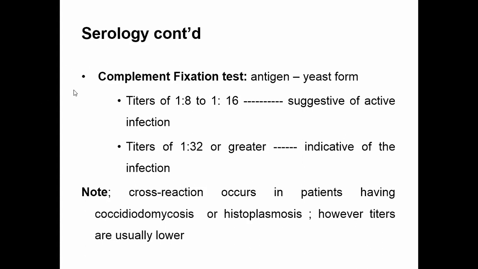Okay, fine. Then apart from what we talk about in serology, in serology tests also, there is something which we call the complement fixation test. Now, what is the complement fixation test? Whenever you have specific cross reactions, right?